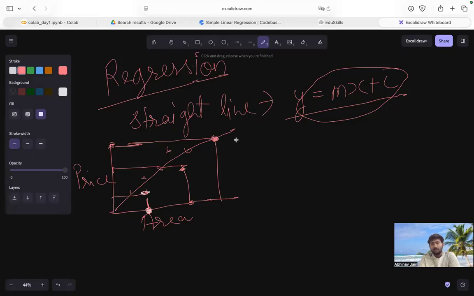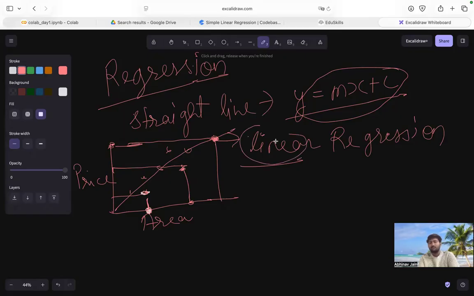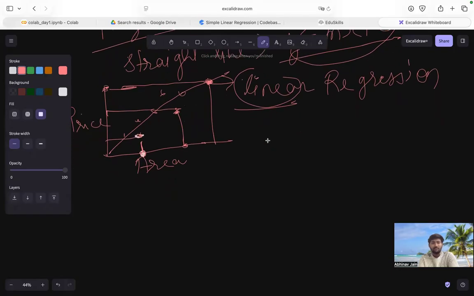This is the exact foundation that we use in linear regression. I told you the meaning of regression. What is linear? Linear means anything which is in a straight line. So this is a straight line, and from here linear regression comes.